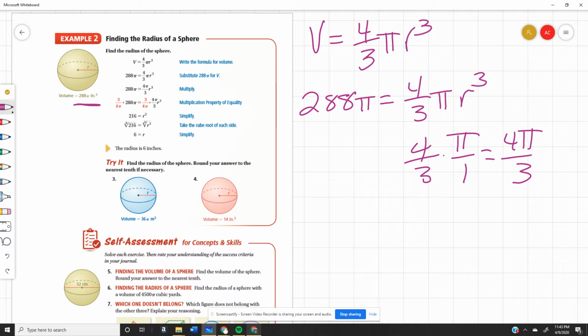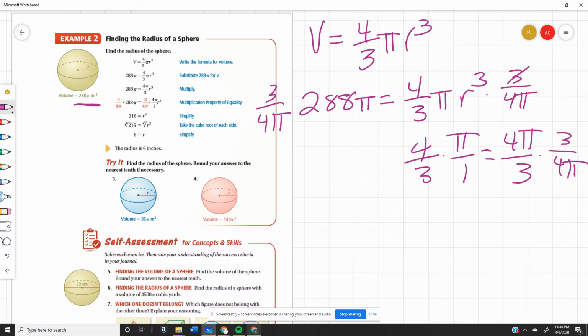And so in order to undo that multiplication, we use division, which means we multiply by the reciprocal. So I'm going to multiply by 3/4 pi to each side. And I'm going to do the same thing over here.